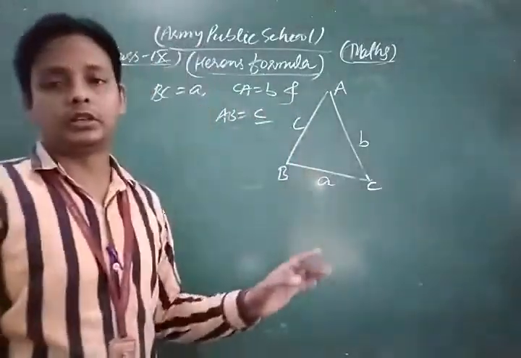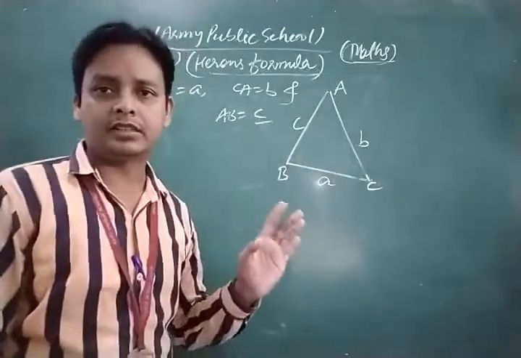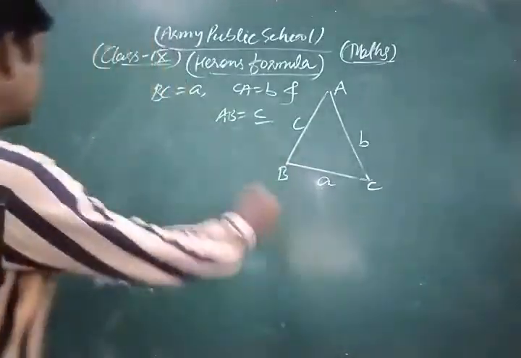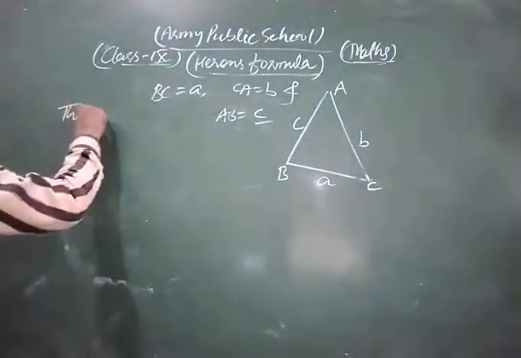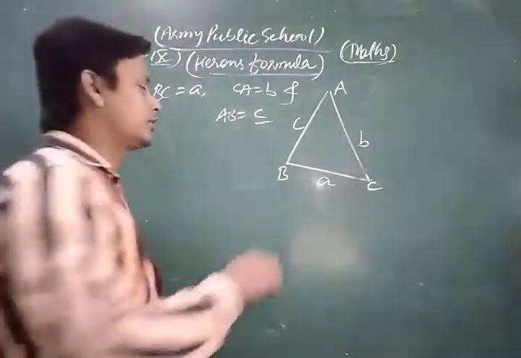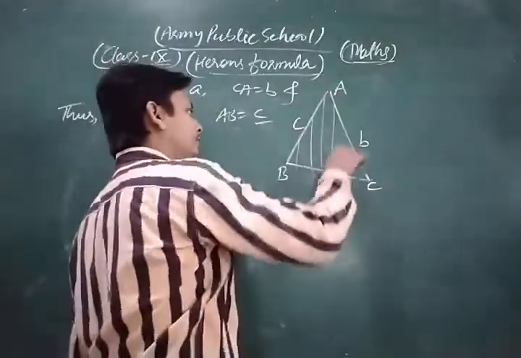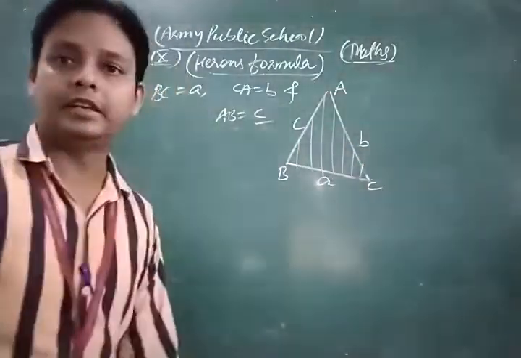In that condition, when we have all three sides of a triangle, we use Heron's formula to find the area of the triangle.